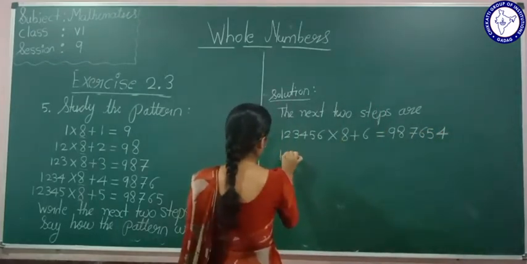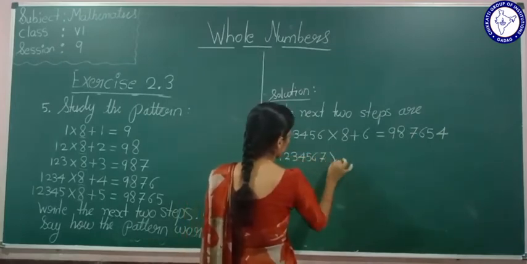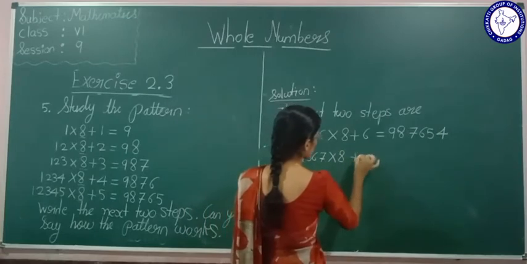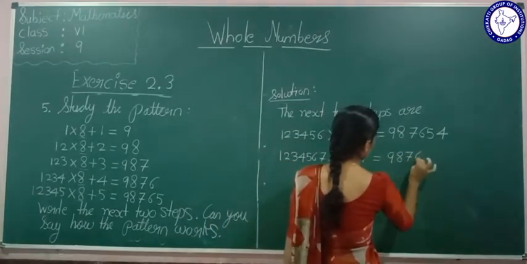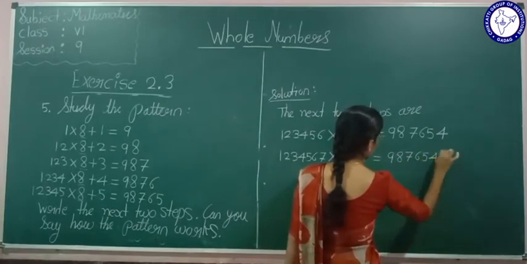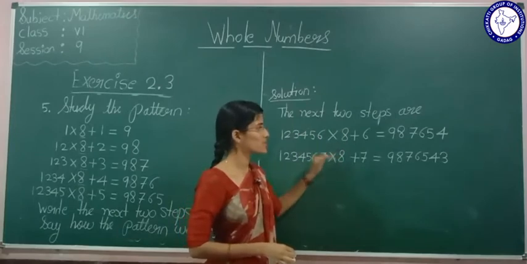Next is 1234567 multiplied by 8 plus 7 is equal to 9876543. So these are the two steps.